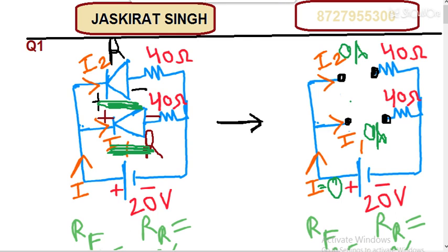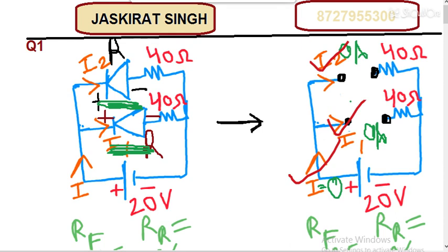Because this diode as well as this diode are both reverse biased, and the circuit is open. No path is allowed here for the current to move. That's why it is 0 ampere for all. I2 is 0, I1 is 0, and I is 0.